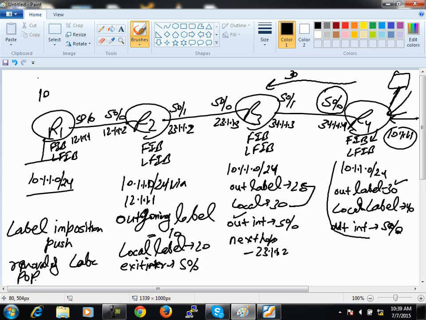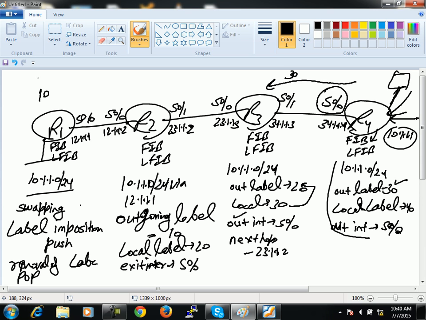You can also call it pop, because the meaning of pop is also remove. And there is one other terminology, which is what? Swapping. So remember, swapping will always be done by P routers, whereas imposition and deposition, I mean popping, will be done by LSRs.